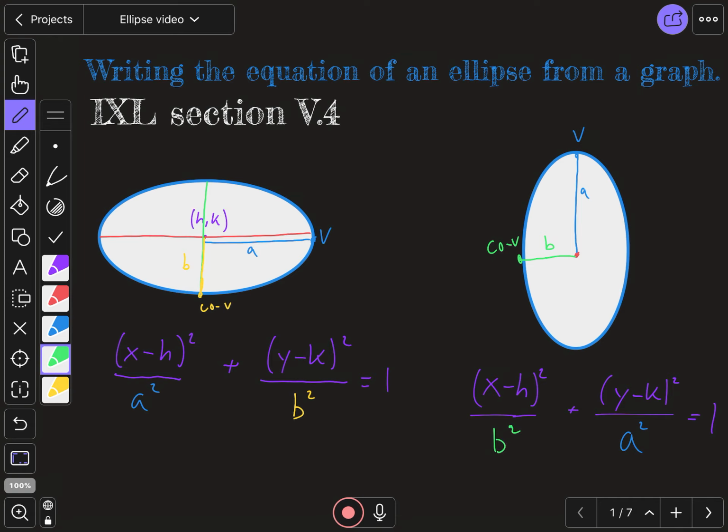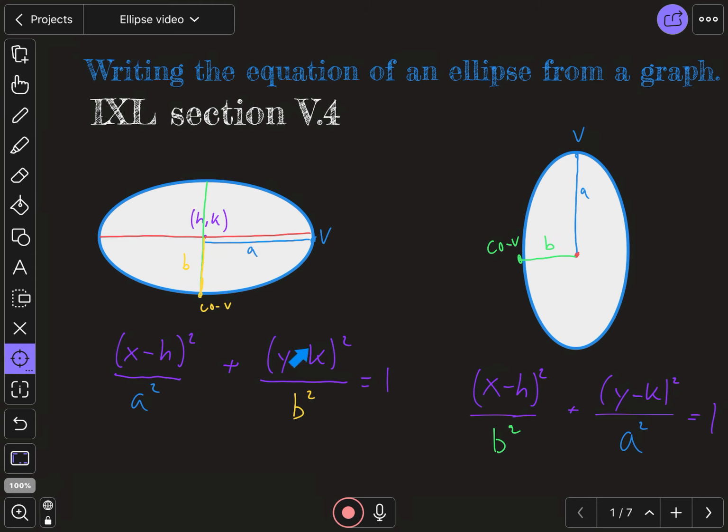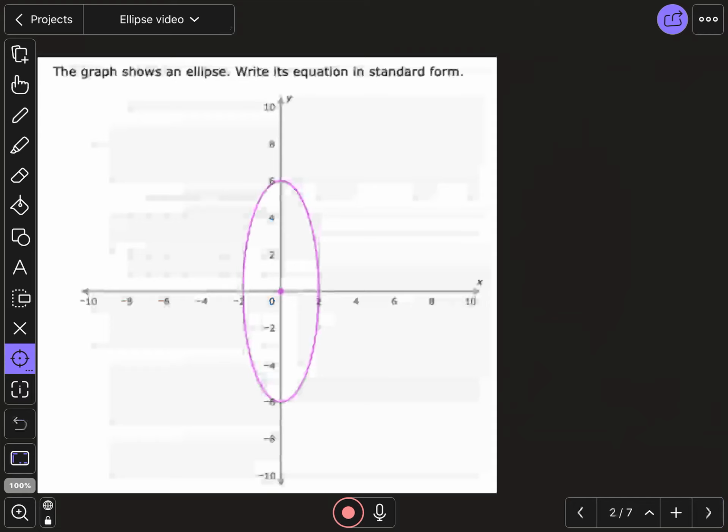So we need to figure out what h and k are, so the coordinates of the center, and then we need to figure out how far it is from the center to the vertex and how far it is from the center to the covertex, and then just make sure we put them into the right variable. So here's our first one.